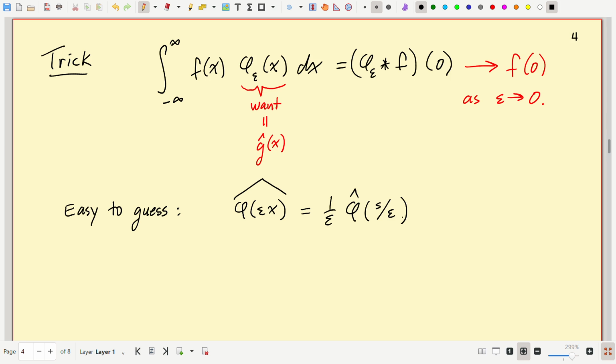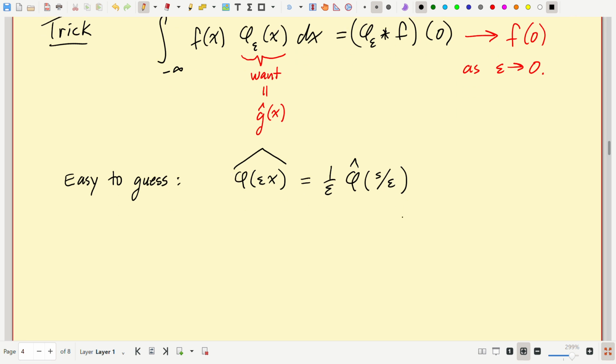Okay? And remember, phi was its own Fourier transform. So that's the bump function. Right, so the phi hat of epsilon, that's our bump function, that's phi sub epsilon of s. So what I get here is that I have that formula.